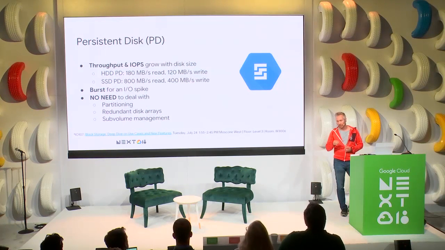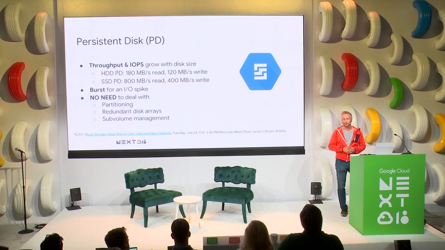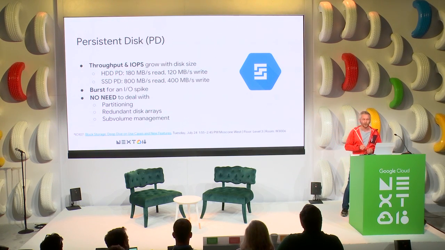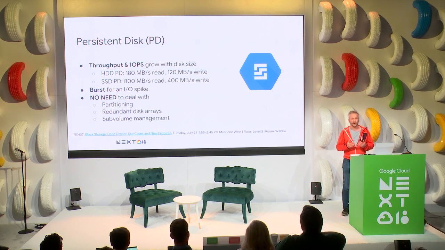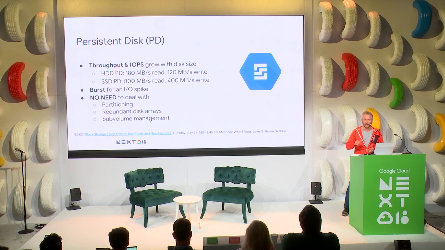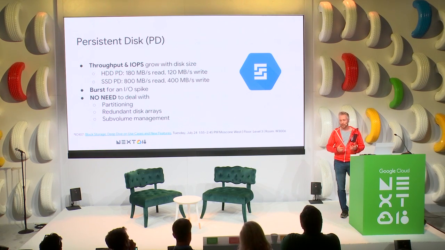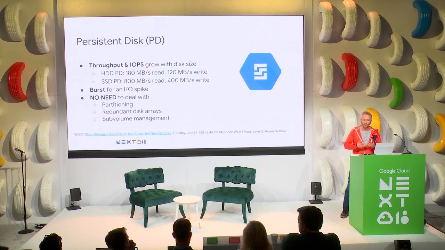Another deciding factor with SSDs is the number of vCPUs. You will reach these maximum performance metrics only if you have more than 32 CPUs. Additionally, worth mentioning is that our persistent disk can save up I/O capabilities to handle I/O spikes well above the average. And also worth mentioning is that typical operations tasks like partitioning and redundant disk arrays, as well as sub-volume management, are not necessary with it.